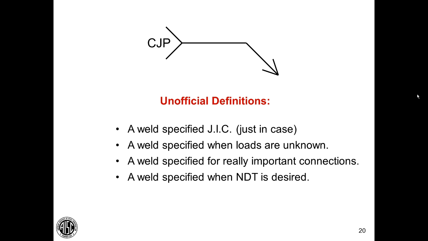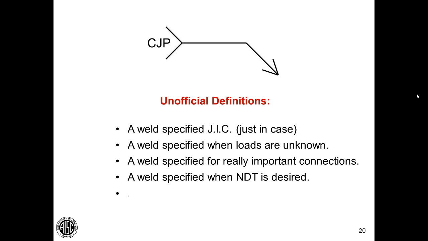For a volumetric inspection, we need to use something like ultrasonic inspection or radiographic testing. These inspection methodologies lend themselves to CJPs and have thus created a bit of a link between inspection and the weld type. But in fact, we can use other welds and even have them non-destructively tested.